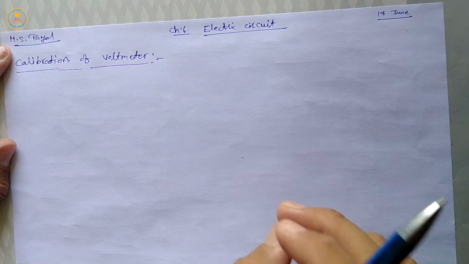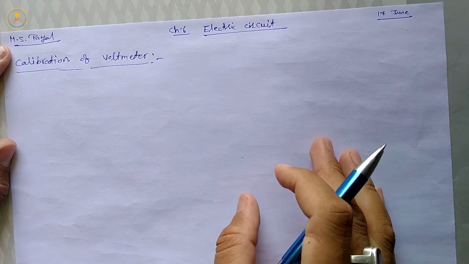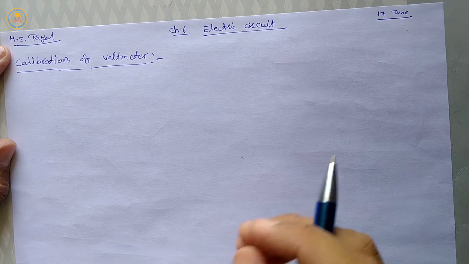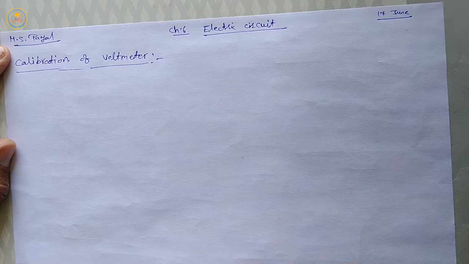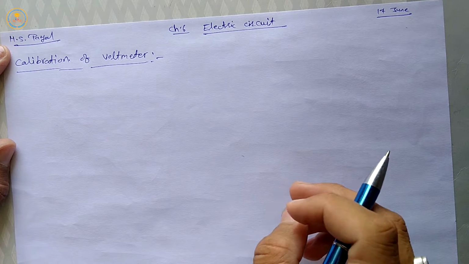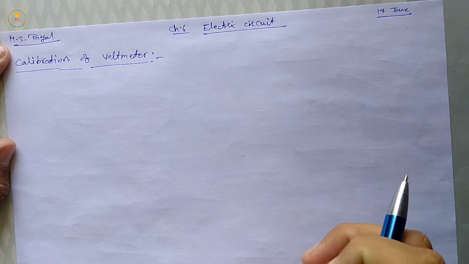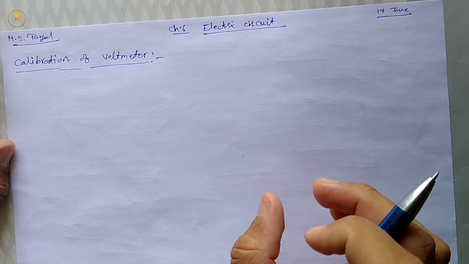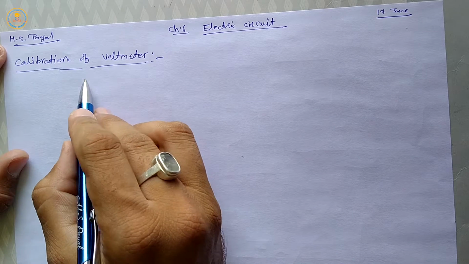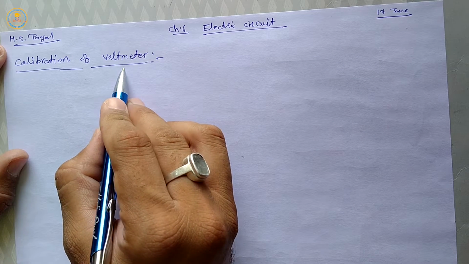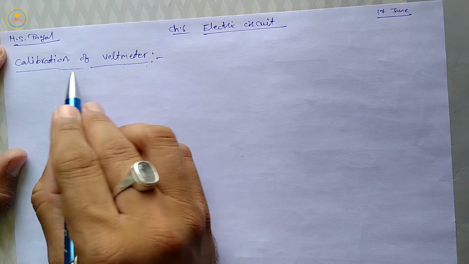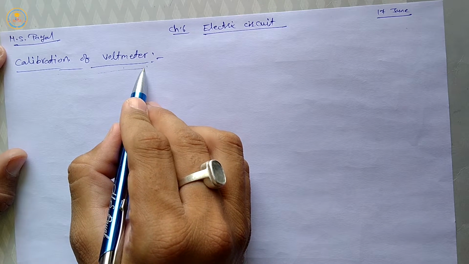And by the help of a potentiometer, again we find the potential difference across the end of a resistance, but this observation is exact. So checking the error of observation of voltmeter by potentiometer is known as calibration of voltmeter.